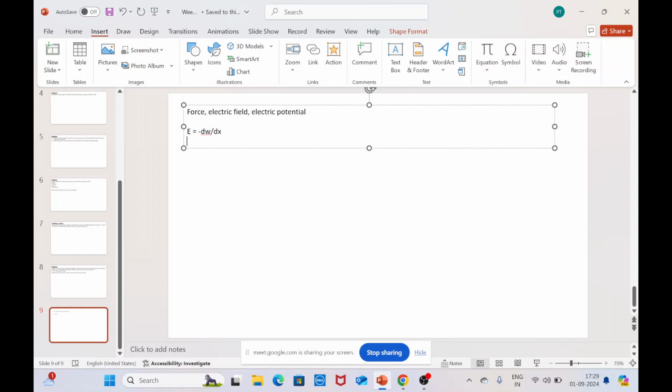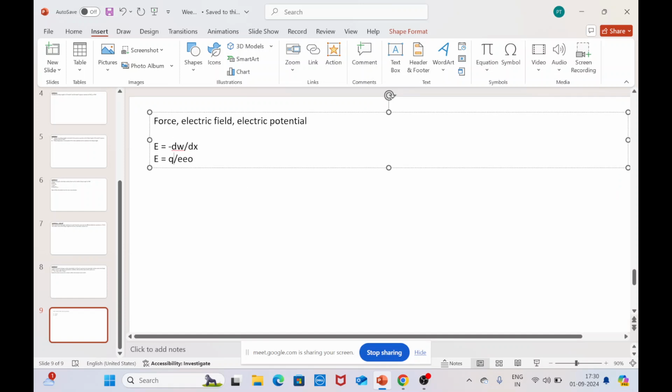From here we wrote electric field as nothing but q by epsilon naught. So this is how we wrote it.